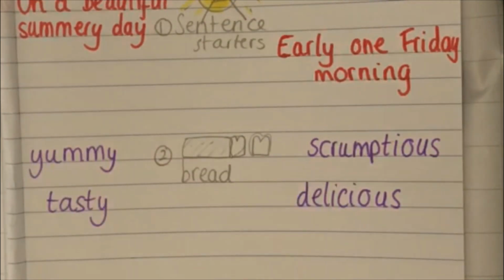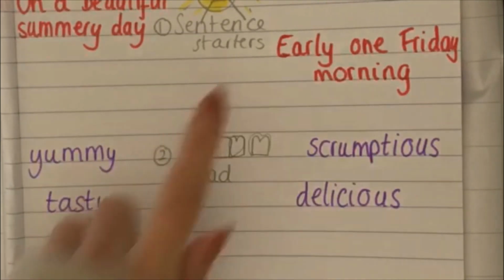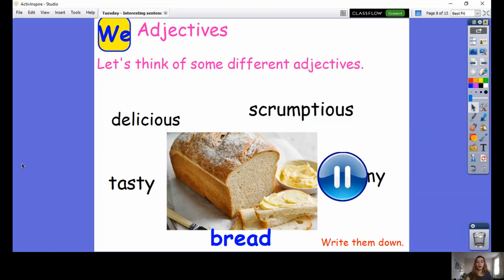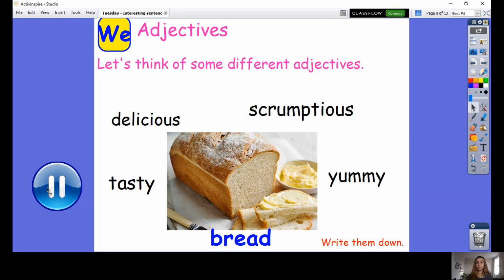So that's what I want you to do. Write bread in the middle, and then you can write your adjectives around it, underneath your sentence starters. So you are going to pause the video and come up with three adjectives for your bread. I'm going to give you two minutes to do that, so come back in two minutes. Off you go.